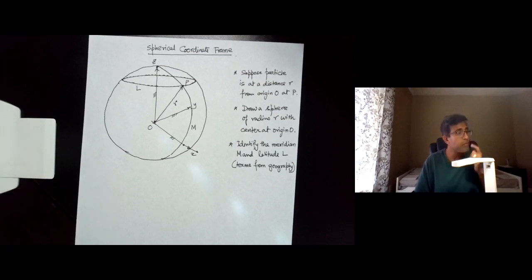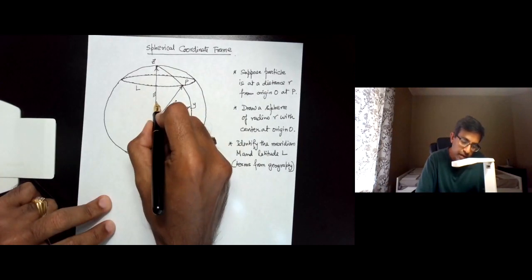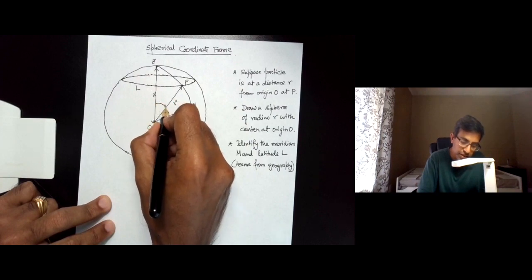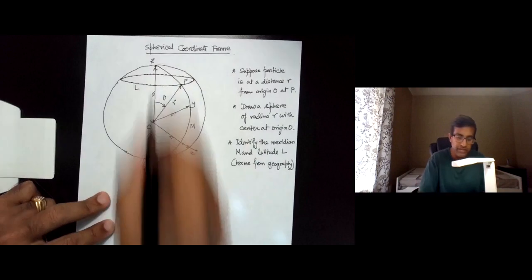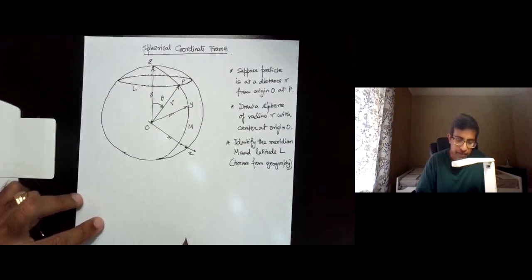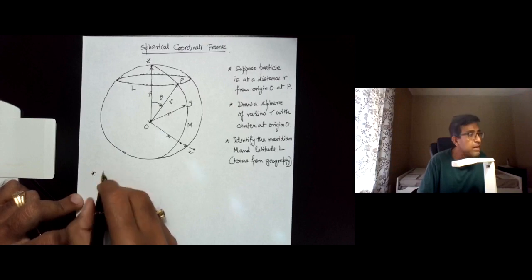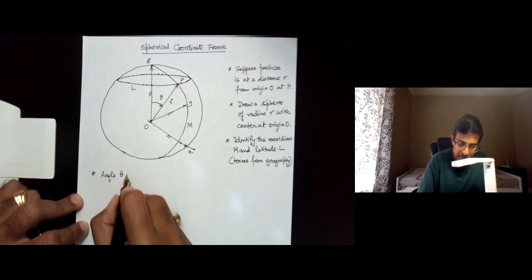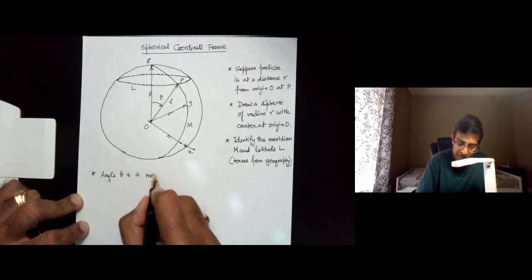Now the way this latitude is measured is using this angle theta that OP makes with the z-axis. So we note that angle theta is a measure of the latitude.